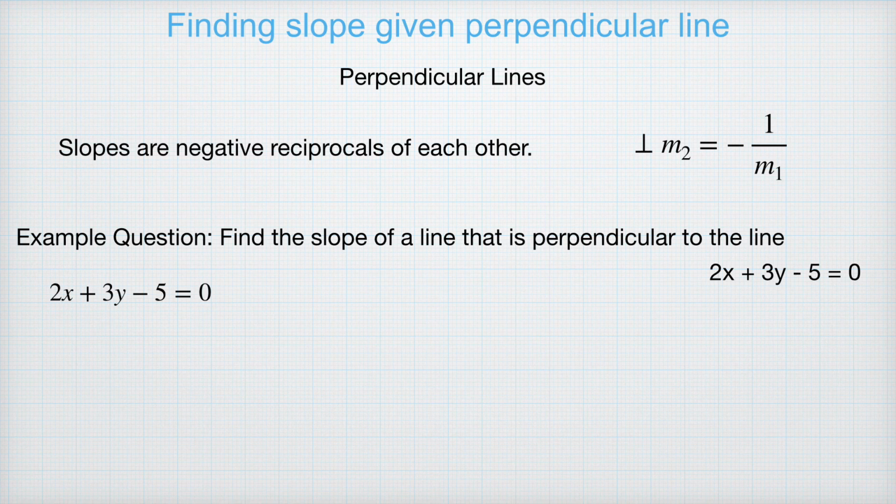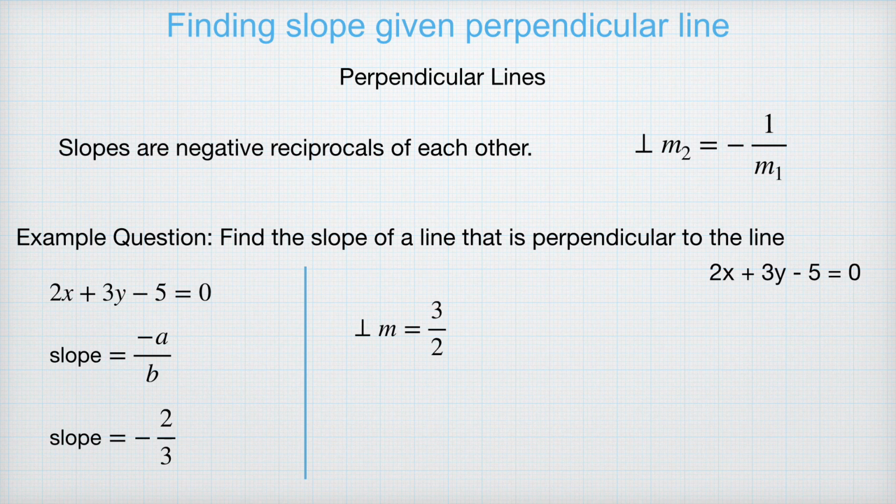As the line is in the form ax plus by plus c equals 0, we can use the formula slope is equal to minus a all over b. So the slope is minus 2 over 3. Inverting this slope gives us 3 over 2, and changing the sign gives us a slope of plus 3 over 2.